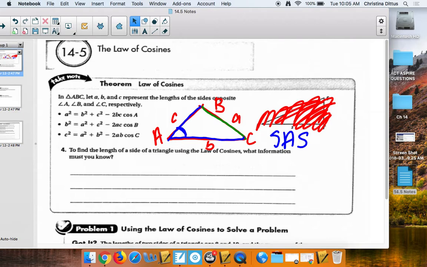I can also find angles from this. I will give you that formula tomorrow when we talk more about finding angles. It's just some algebra stuff.